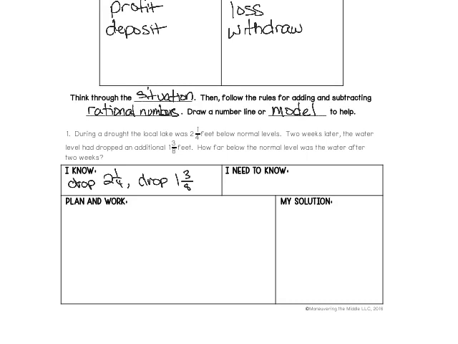So what is it that I need to know? I want to know how far did the water level change. So this is asking us for a total. Okay? Now you're going to plan and work.